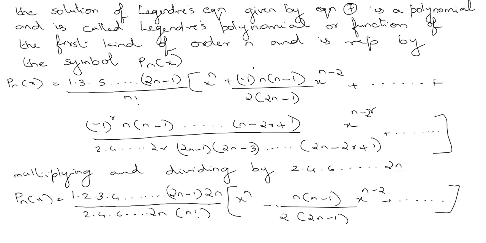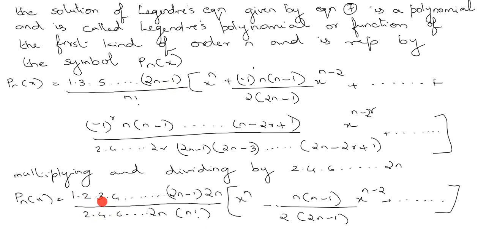So when you multiply by 2 into 4 etc., this will become 1 into 2 into 3 into 4 into 5 etc. to n minus 1 into 2n, which is written here, and in the denominator you will be having 2 into 4 into 6 etc. 2n into n factorial.